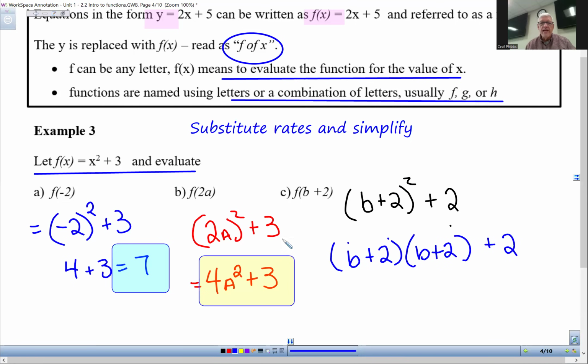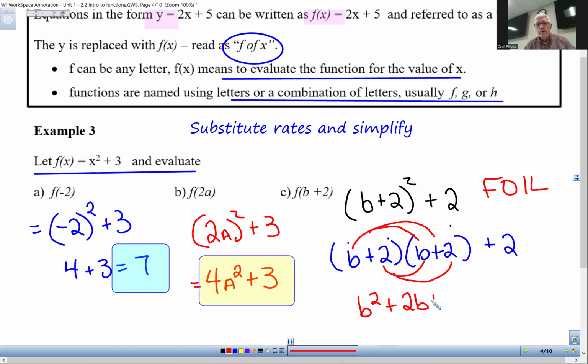To simplify that, you would want to use the FOIL method. We're multiplying b times b, and then b times 2, and then 2 times b, and then 2 times 2. So we get b squared plus 2b plus 2b again, plus 4, and then we still have a plus 2 out here.